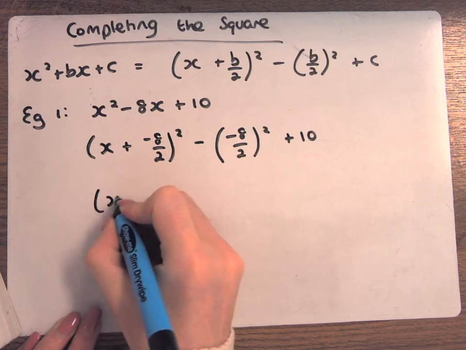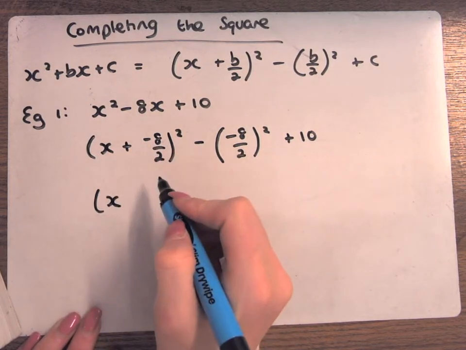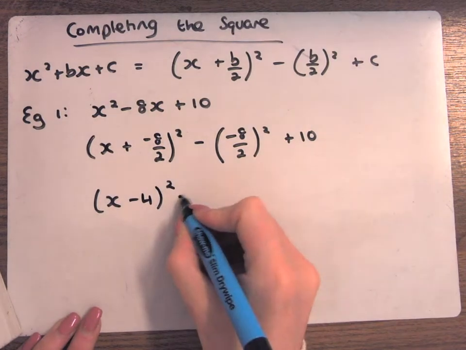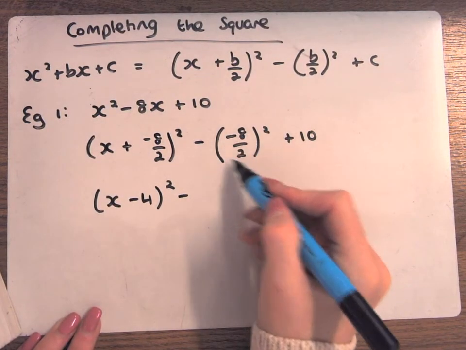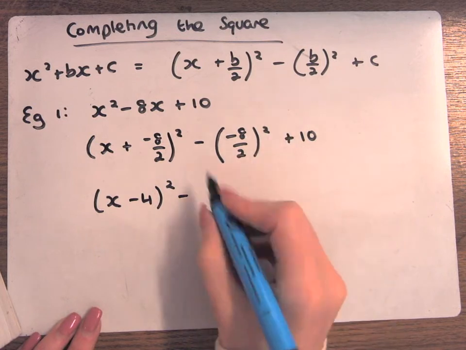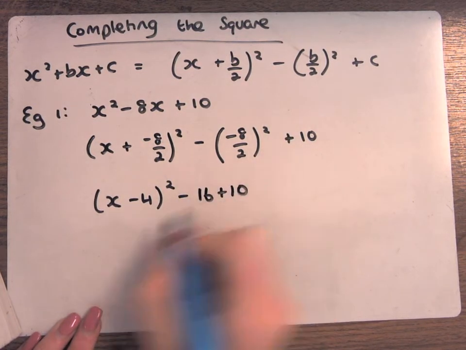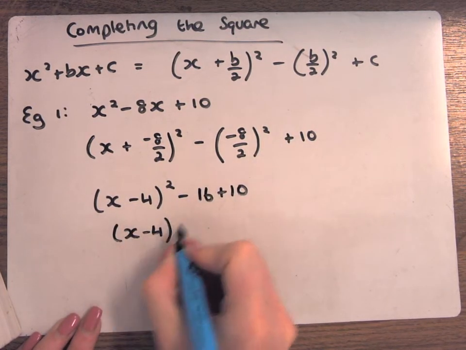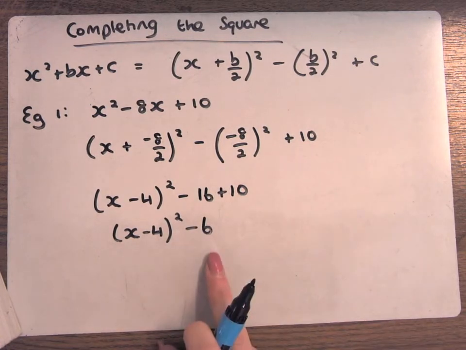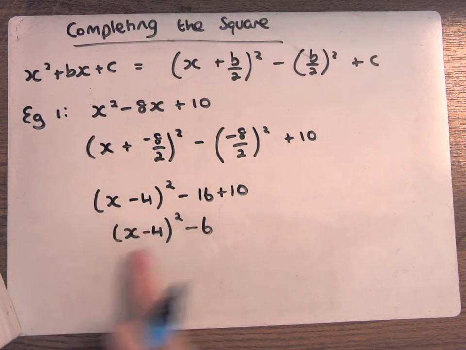So you end up with minus 8 over 2 is minus 4. So x minus 4 to be squared minus, that's minus 4 as well, to be squared is 16. So now I've completed the square. I have a perfect square here, but I also have a constant.